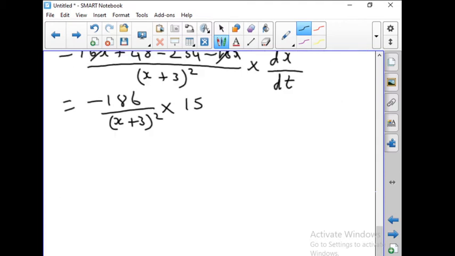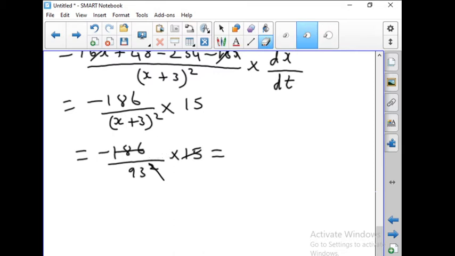Now x is equal to 90. Therefore this is equal to minus 186 by 93 square into 15. When you cancel, 93 square is 93 into 93. 93 goes in 186 two times, and 3 goes into 15 five times, and 3 goes into 93 thirty-one times.